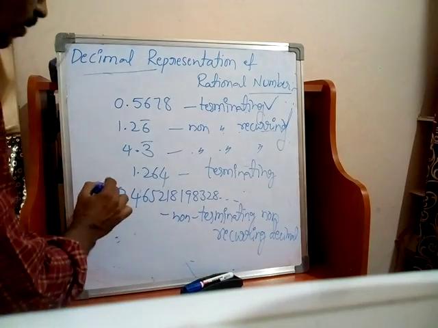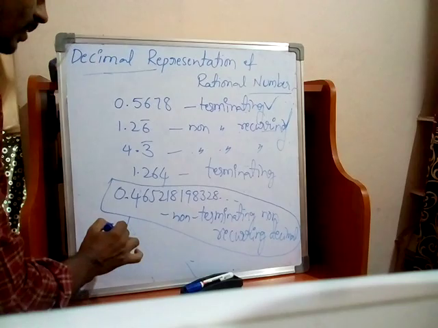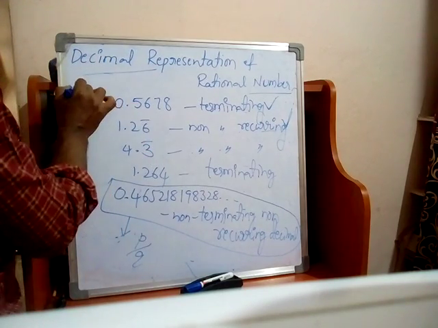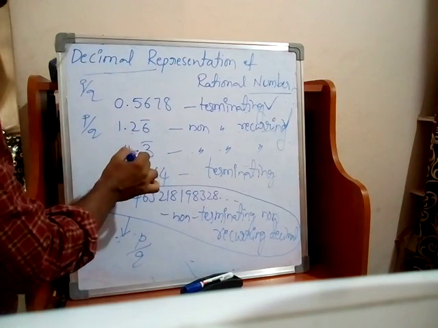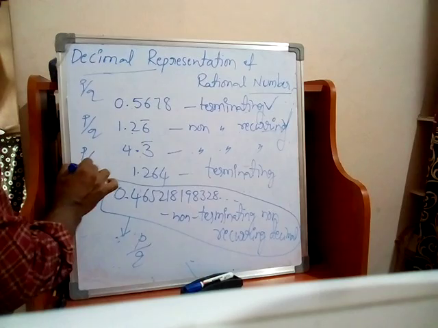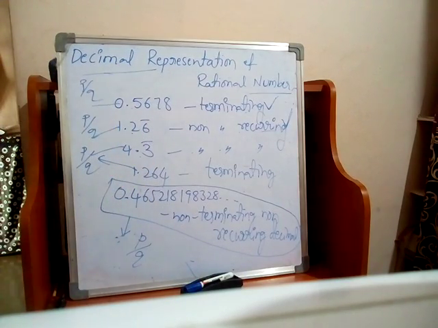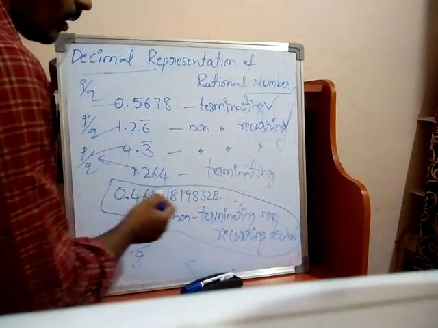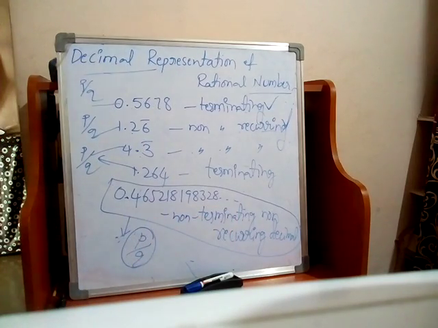Non-terminating non-recurring decimals cannot be expressed in the form of p by q. This is expressed in the form of p by q, this is also, these all are expressed in the form of p by q, but this one, a non-terminating non-recurring decimal, cannot be expressed in the form of p by q.